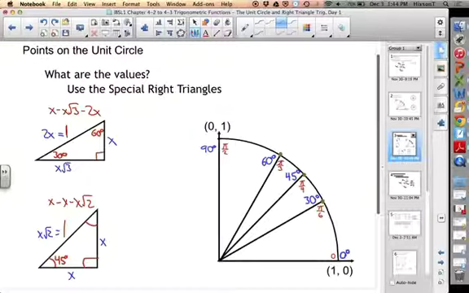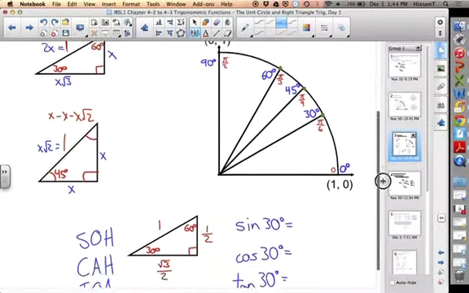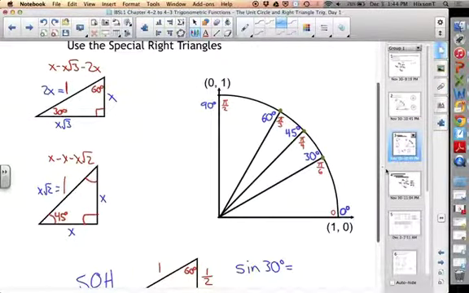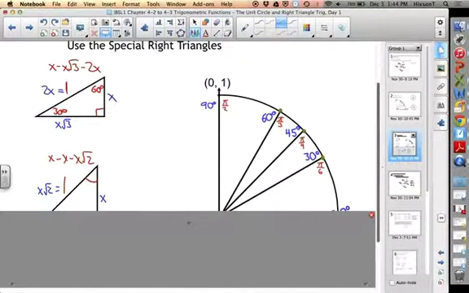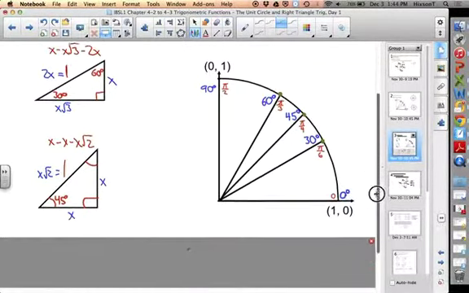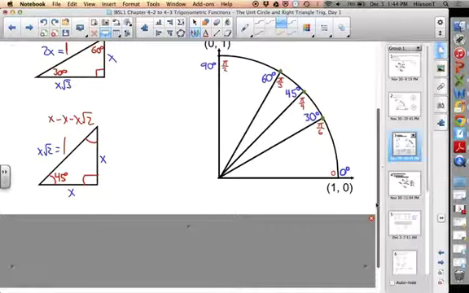For that, we're going to use the 30, 60, 90 and the 45, 45, 90 right triangles. Let me bring this down. So, for example, if I'm looking at this triangle right here, it's going to have some coordinates x and y.